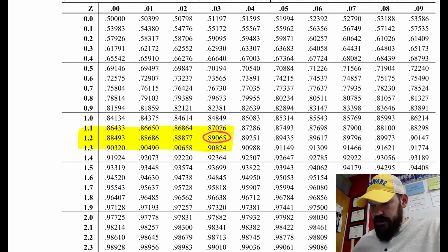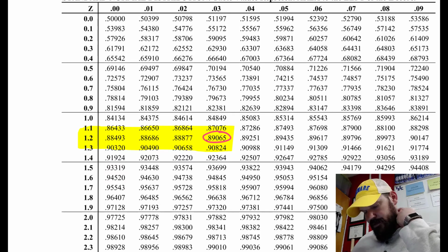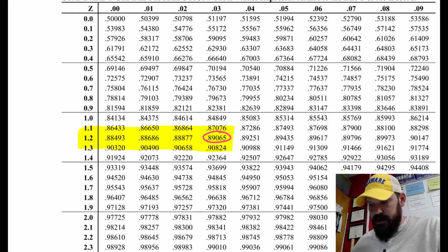This is the area under the curve at 1.23. So the left-hand column is the whole number part and the tenths place of the decimal, and then the vertical columns represent the hundredths place. So 1.23 lies at the intersection of 1.2 and 0.03. So we get a value of 0.89065.